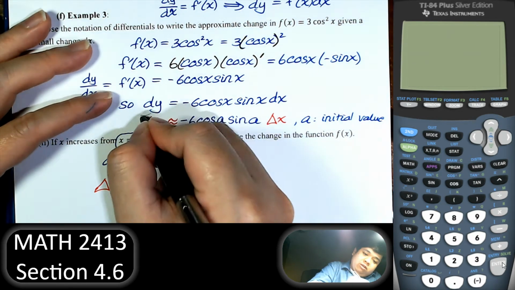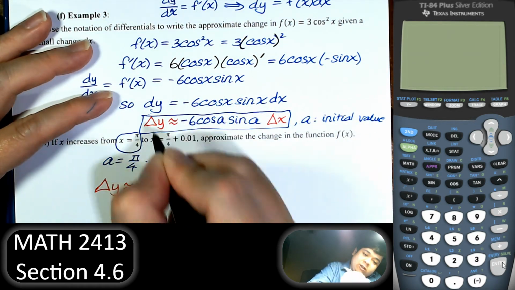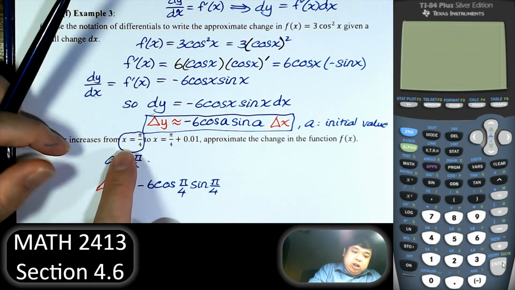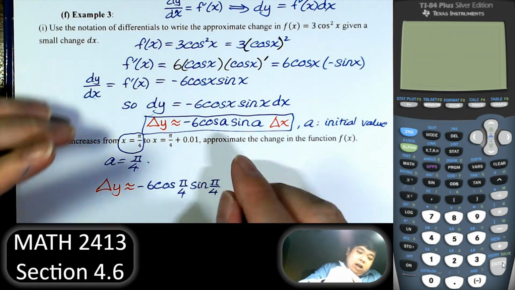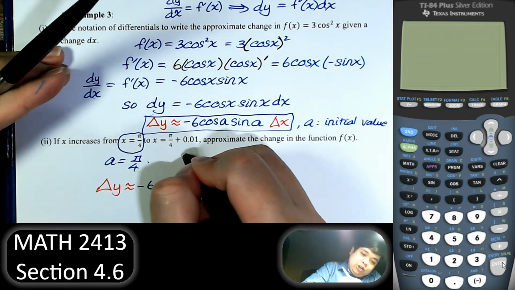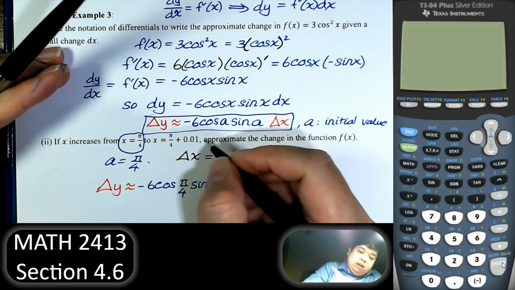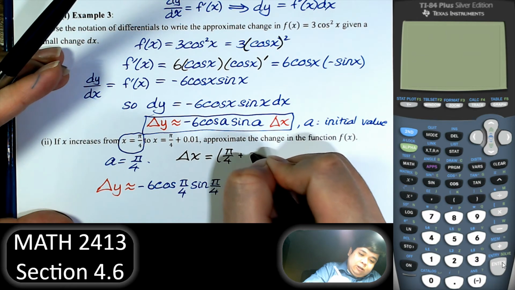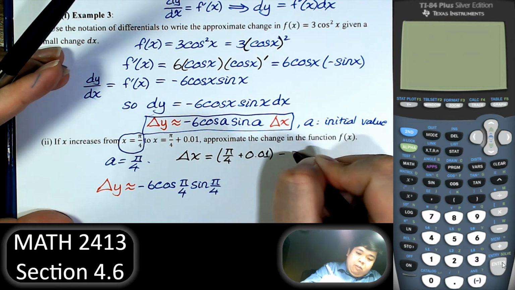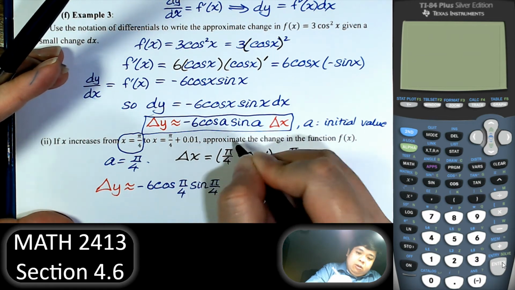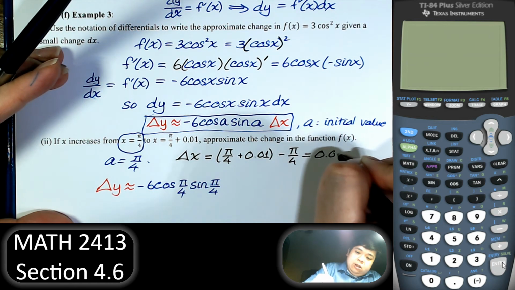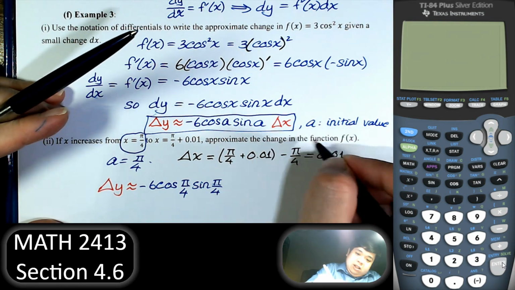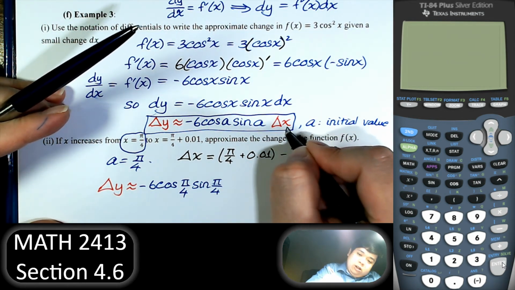I'm just going to use this formula where a is pi over 4. Now delta x is the change in x, final minus initial, and pi over 4 cancels out. So delta x is 0.01.